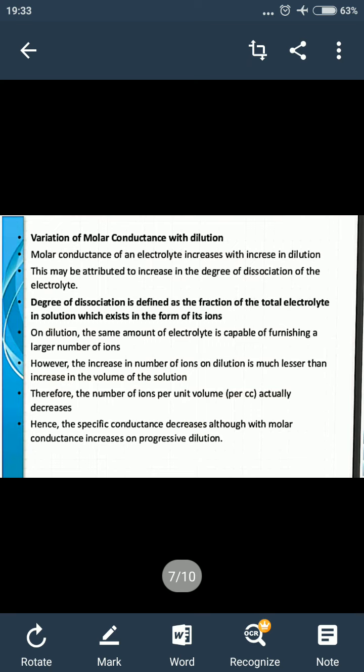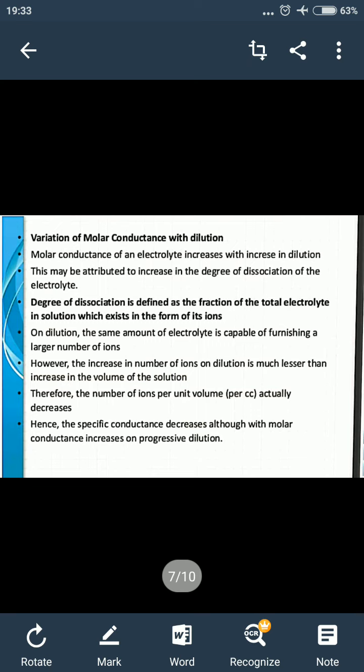Molar conductance of an electrolyte increases with increase in dilution. This may be attributed to increase in the degree of dissociation of the electrolyte. As the dilution increases, the degree of dissociation also increases. Degree of dissociation is defined as the fraction of total electrolyte in the solution which exists in the form of ions. On dilution, the same amount of an electrolyte is capable of furnishing a larger number of ions.